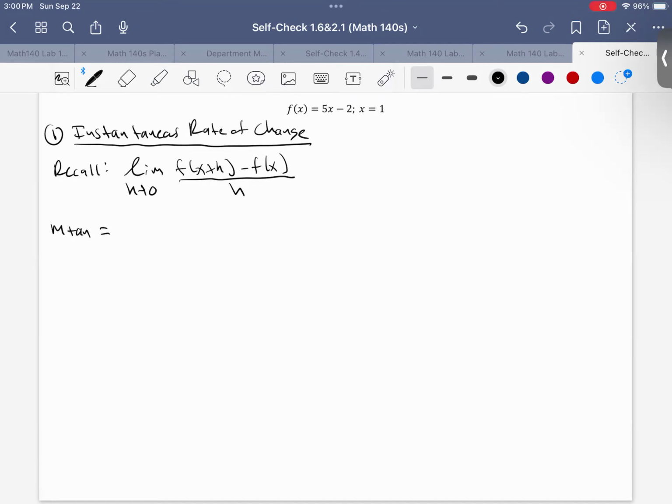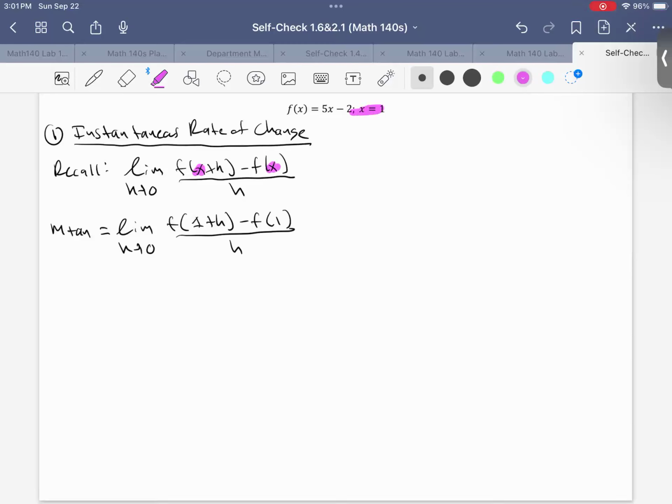So this would be the limit as h goes to 0 of f of, this is our x, so 1 plus h, minus f of 1 all over h. Remember that this x is being substituted with that guy.